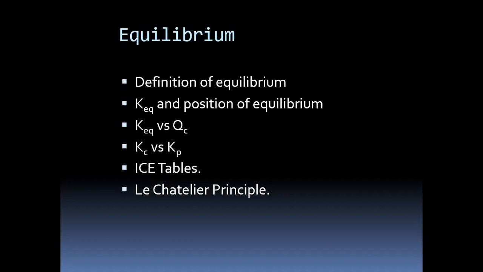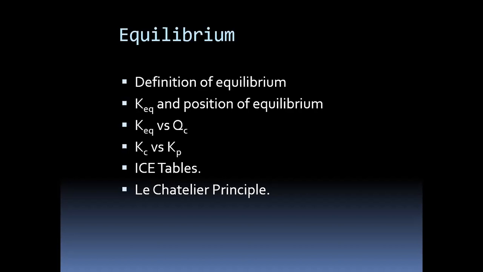We also talked about how do I know if a system is in equilibrium or not? Remember, we have the reaction quotient, Qc, which has the same formula as the equilibrium constant, but we just have to use it to compare and see if it is smaller, equal to, or larger than the equilibrium constant. And that'll tell us not only whether the system is in equilibrium or not, but which way it's going to go in order to arrive at equilibrium.